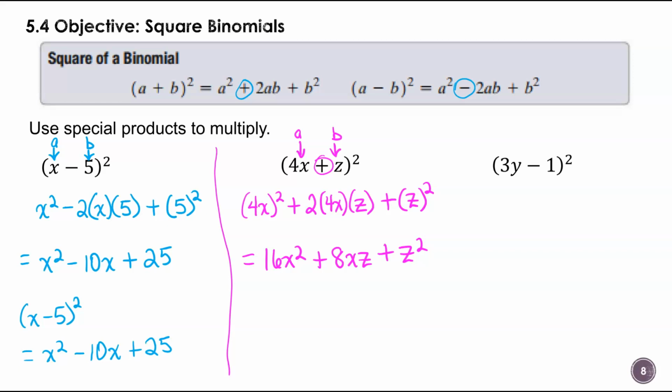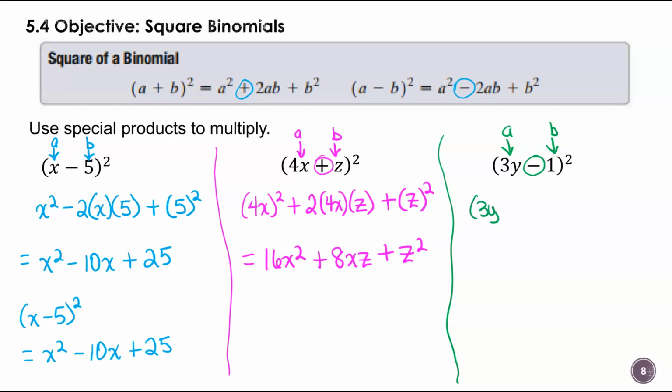All right, let's do one more. Okay, so my A this time is 3y and my B is 1. All right, here we go. So I'm using this second one because of the minus, right? This tells us to use the second formula.